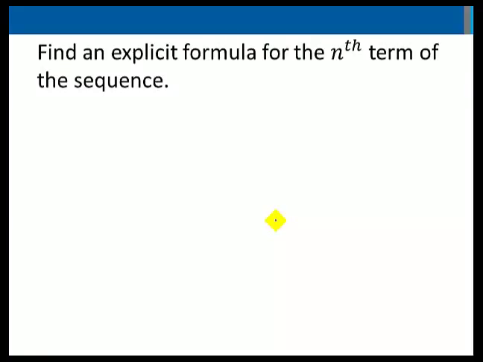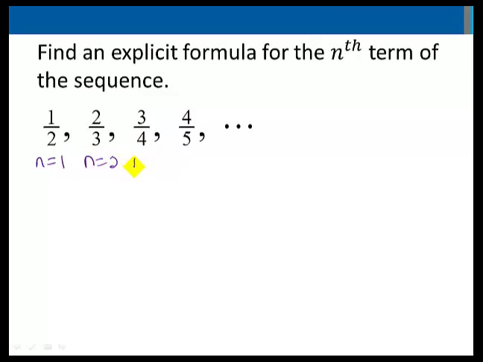Find an explicit formula for the nth term of the sequence, and here we have the sequence 1/2, 2/3, 3/4, 4/5. I get some help with this by writing n equals 1 below the first term, n equals 2 below the second term, n equals 3 below the third term, and then n equals 4 below the fourth term.